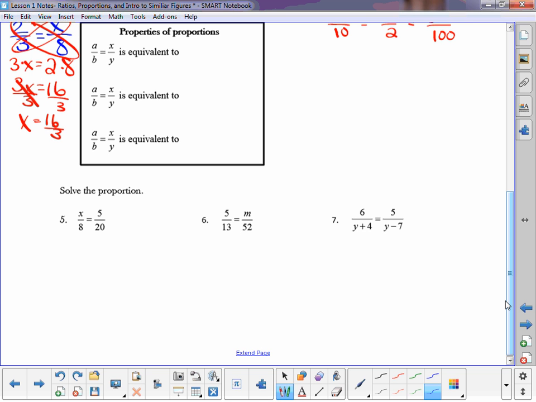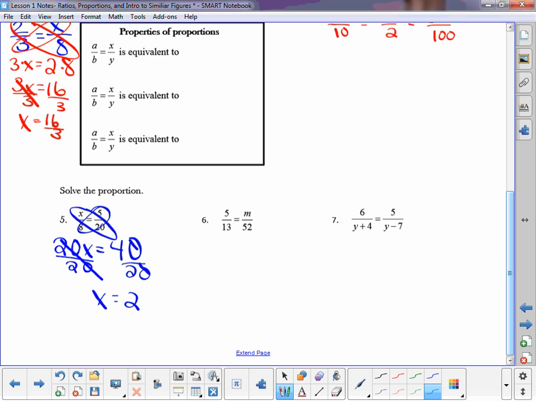Okay, so we can cross multiply for this. So I can cross multiply and get 20x equals 40, right? And then I divide by 20, divide by 20, so I get x equals 2. You good with that? Yes.